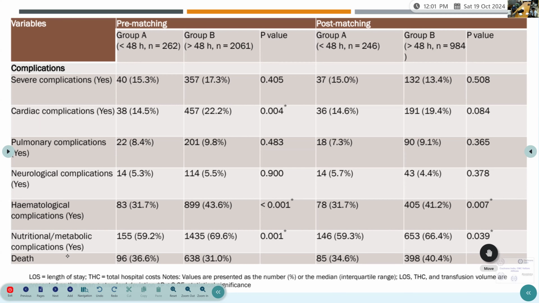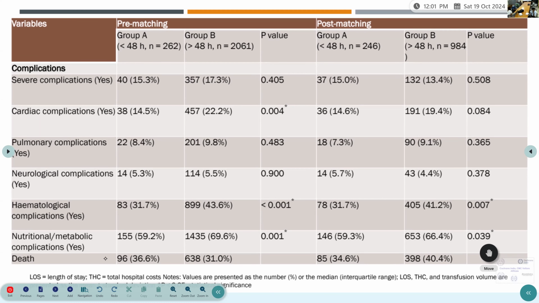But here we see that 36.6% of people died pre-matching in group A and only 31% in group B. So this makes it look like early surgery did poorly. Whereas if you look at post-matching, 34.6% of patients died in the early surgery group and 40% of patients died in the delayed surgery group. So this makes delayed surgery look worse.